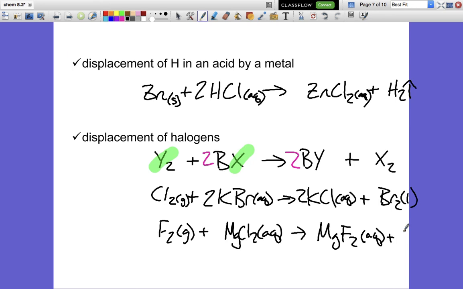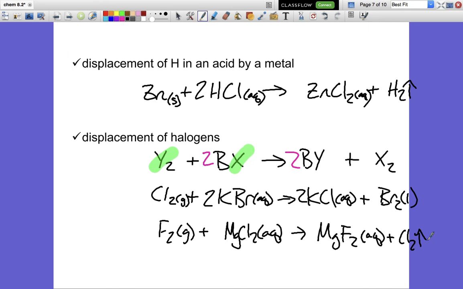Plus, again, I replaced the chlorine. Chlorine is a gas at room temperature, so I could write that as a gas. And actually, in this case, let me fix that. I might use that up arrow because I'm definitely going to see bubbles now, since this is occurring in solution. Fluorine replaced that chlorine, and notice that this is already balanced now.